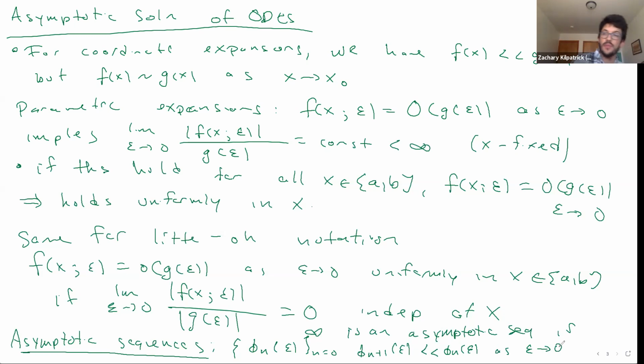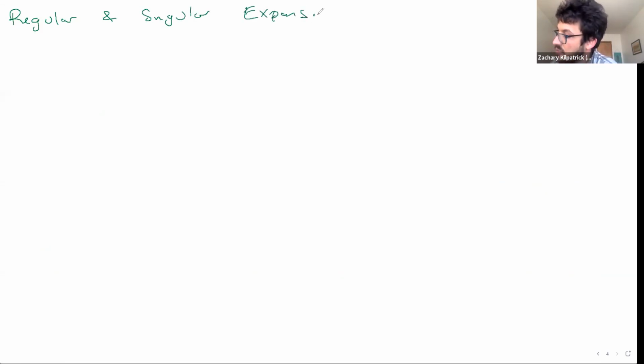Now we're talking about applying this to functions and potentially their arguments. The other thing that we talked about in algebraic expansions was the difference between regular and singular expansions.